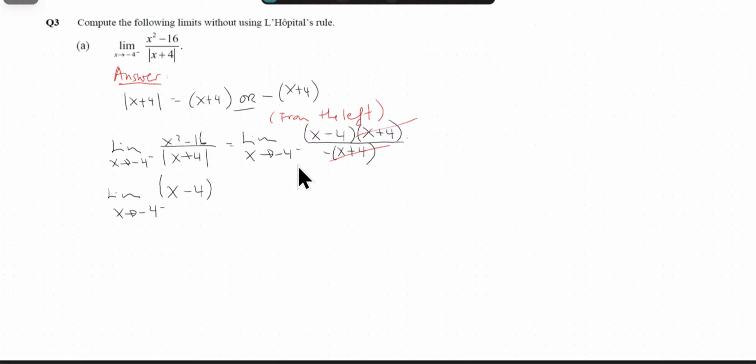And don't forget we need to divide it by negative 1, so we have a negative 1 here. By doing substitution as x approaches negative 4, we get (negative 4 minus 4) divided by negative 1, which is negative 8 divided by negative 1, so positive 8. That will be the answer for this question.